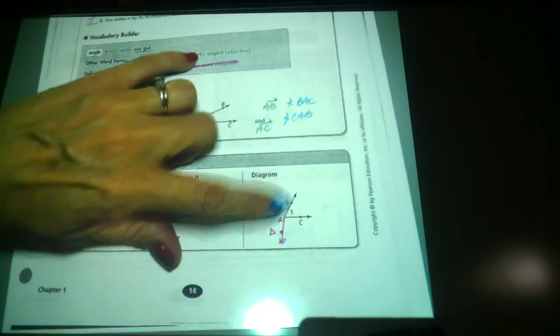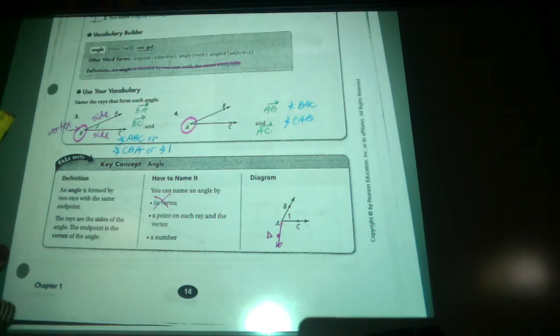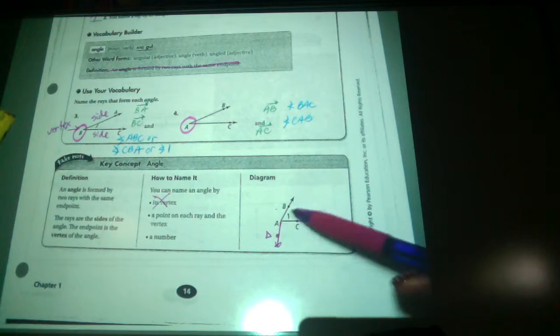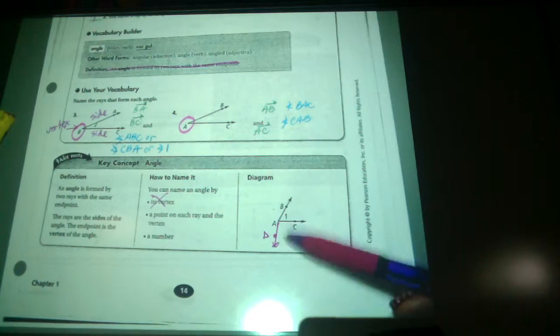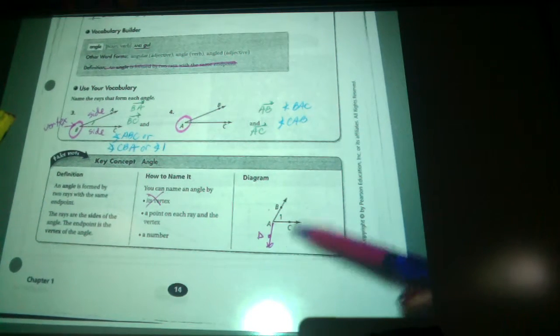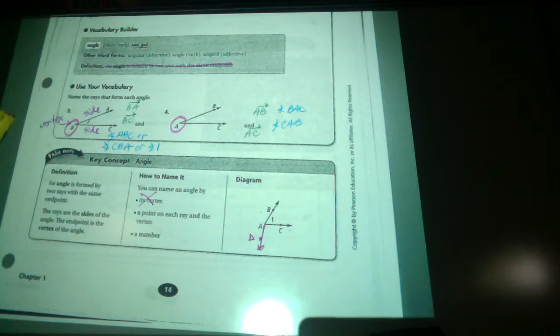If you named it angle A, do I know which angle you're talking about? No. So if the angle is by itself, alone, with nothing else touching it, then technically I guess you could name it angle A. I don't teach it that way. I think it's a bad habit to get into. Mostly because when you get in this situation, you tend to call it angle A and you're going to get it wrong, because I don't know which is angle A in this situation. So be super careful when you name it by the vertex. I would avoid that.